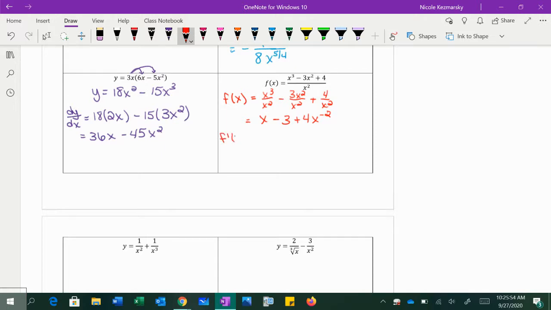So then we're going to do f prime of x equals, this is x to the first, so this is just like 1x to the 0. The derivative of a constant is 0. And then we're going to do plus 4 times -2 x to the -3. So we've got 1, the 0 can go away. 4 times 2, that's going to get me -8 x to the -3, which gets me 1 minus 8 over x cubed.